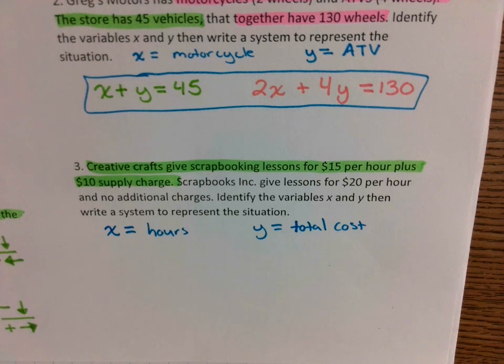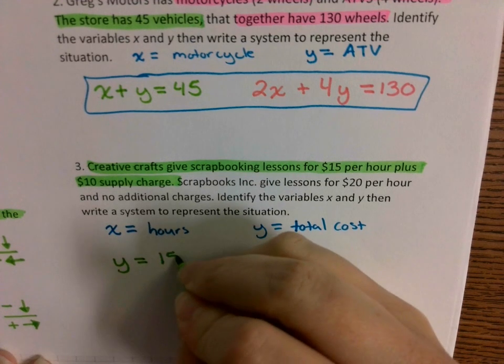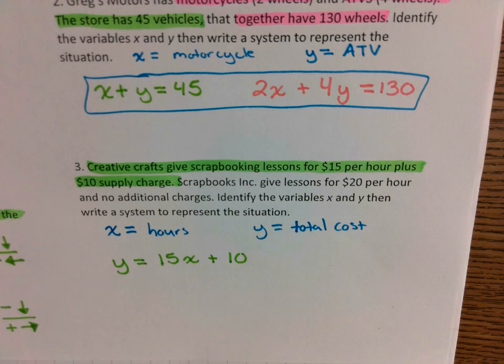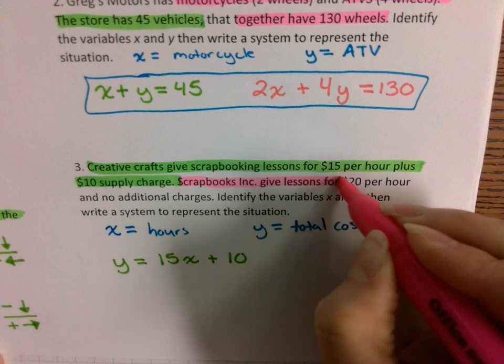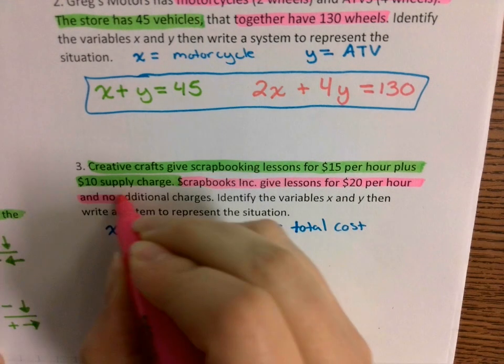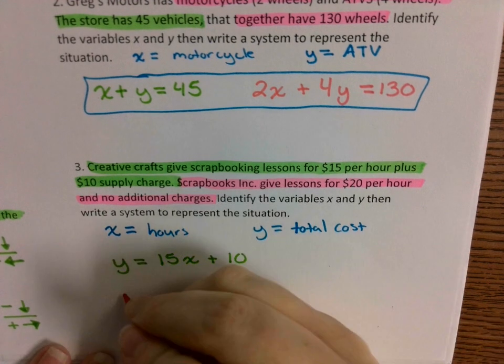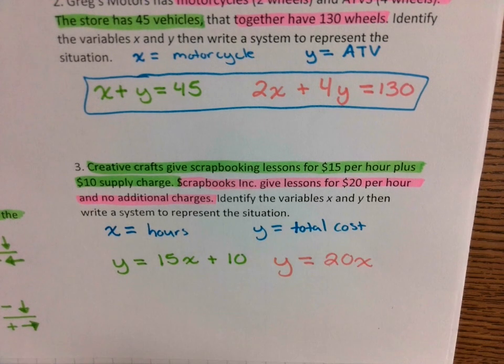So for theirs, it's going to look like Y is equal to 15X plus 10. Then we've got Scrapbooks Incorporated. They give lessons for $20 per hour and no additional charges, so no supply charges. So for that one, it's just going to be Y is equal to 20X. So there's our 2 equations.